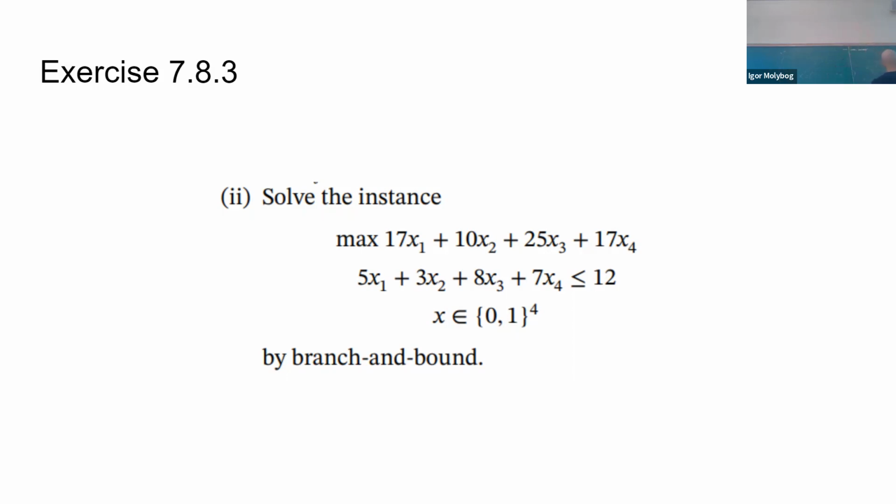So node 3 corresponds to x3 being equal to 1. If x3 is equal to 1, then on the right hand side you still have a capacity of 4 to fill up.